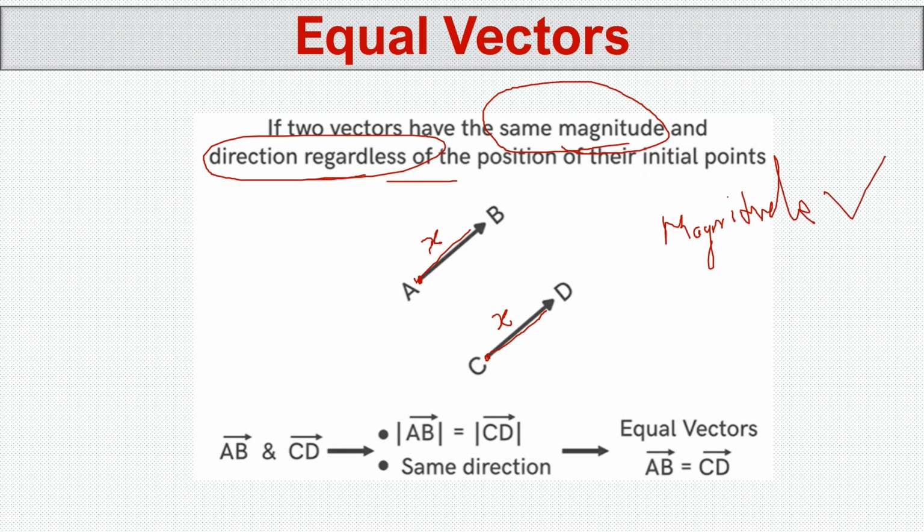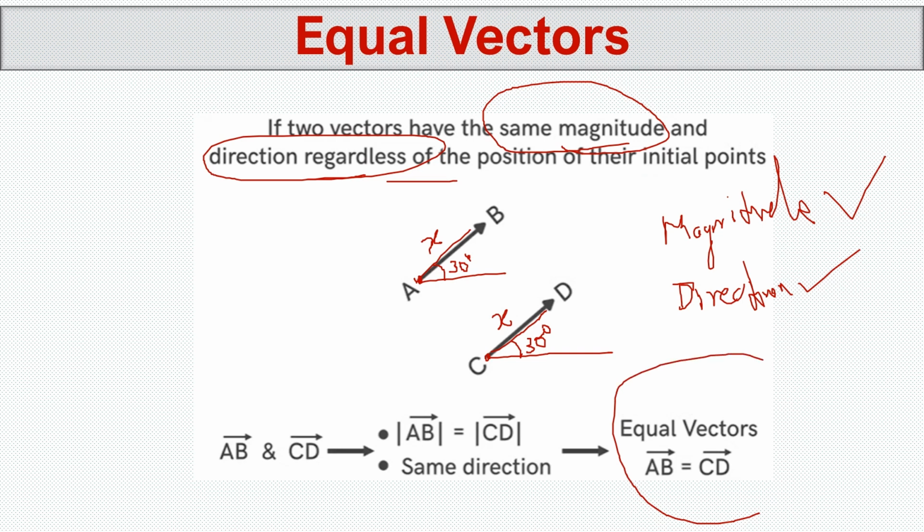If you put the horizontal plane and this is making 30°, then this is also making 30°. So the direction is also the same. So this is the equal vector. Now we can say these two vectors are equal.